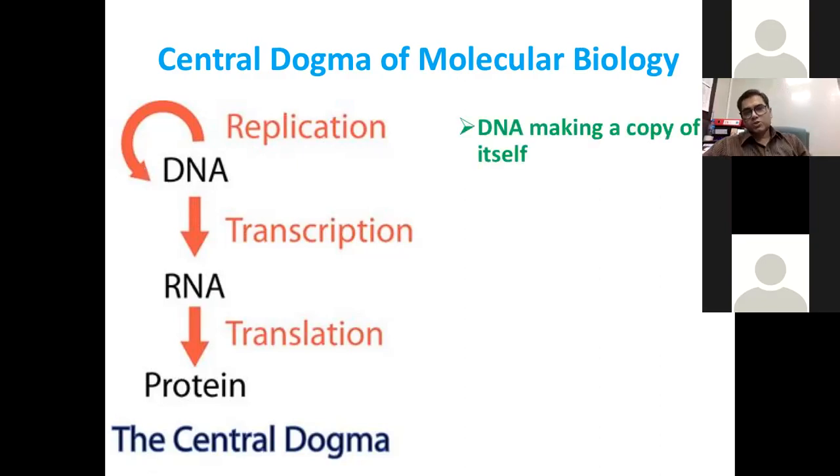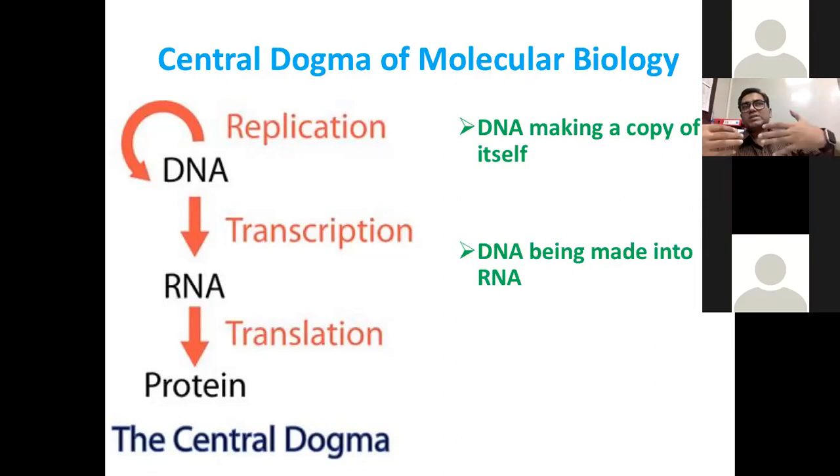So in the process of replication, DNA makes a copy of itself, a replica of itself. Why? To make a transcript, to copy this information before the cell division or to transmit this information to the generations.